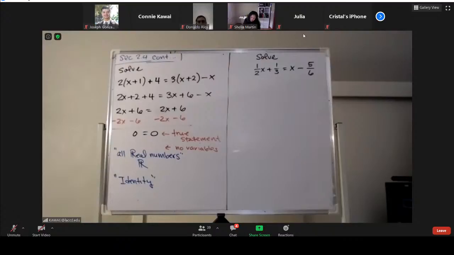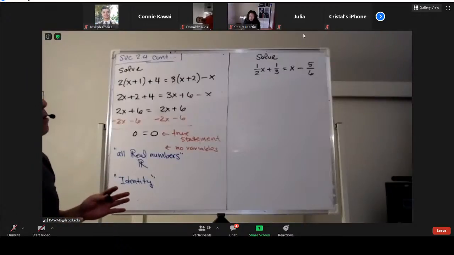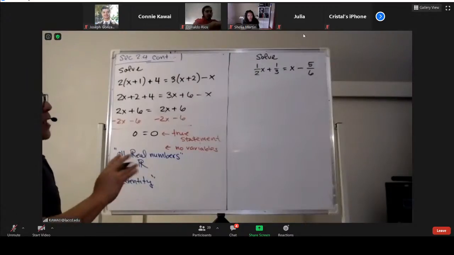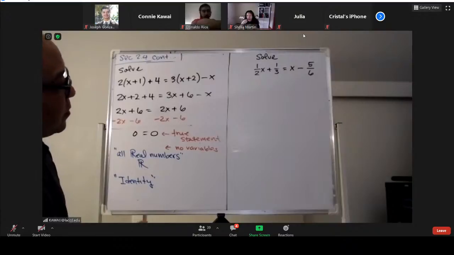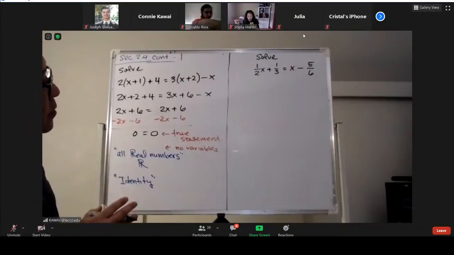Okay, now we're going to end up with fractions a lot of times in this class, and most of the time we're going to be able to not have to deal with fractions, right? Fractions tend to be the thing that everyone messes up. So the best way to attack this problem is to get rid of the fractions.